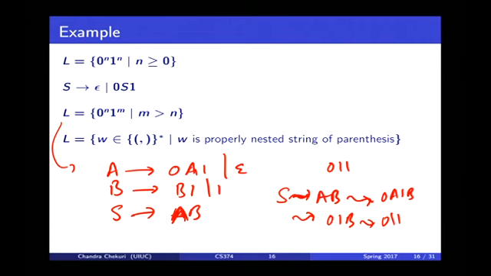I mean, we intuit it, right? But what is it mathematically? What does a string which is properly nested look like? Yeah, so that's a grammar, but I'm saying, when you think of the language, what does it mean that W is a properly nested string of parentheses?